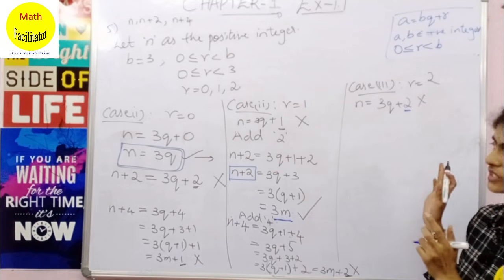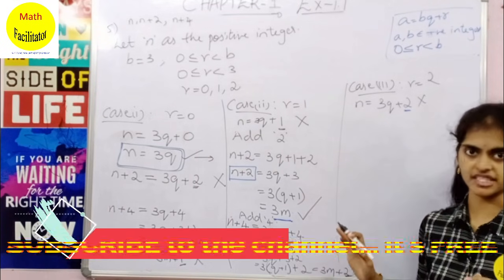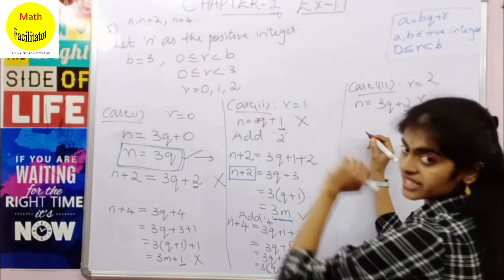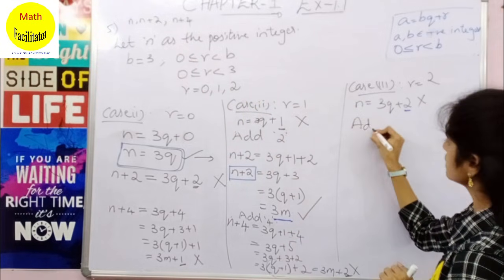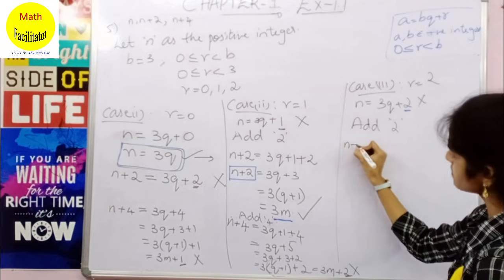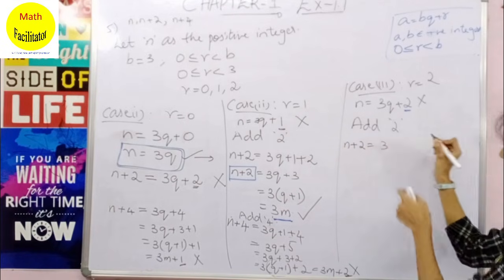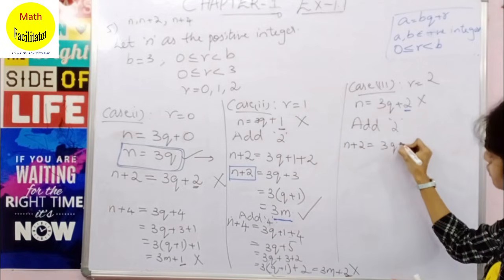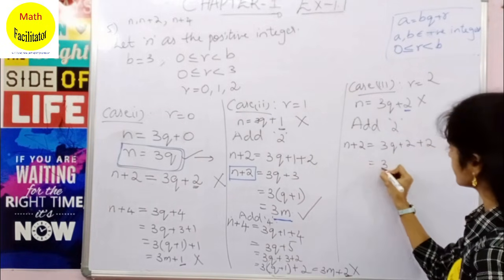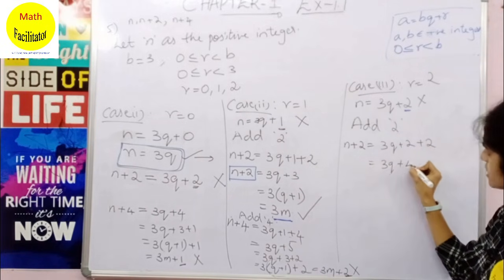I want you to write the steps. I am just giving you the logic, so you write the steps. Now, when you take n plus 2, let us add 2 on both the sides. That means n plus 2 equals, in the RHS you have 3q plus 2 and you are adding 2 to this, so this is nothing but 3q plus 4.